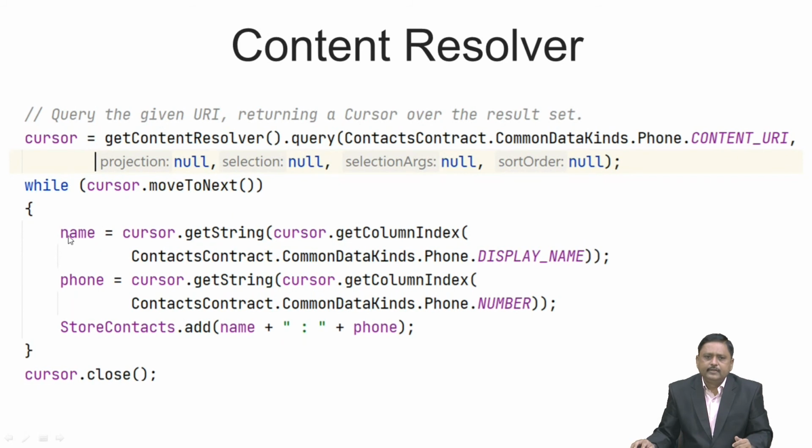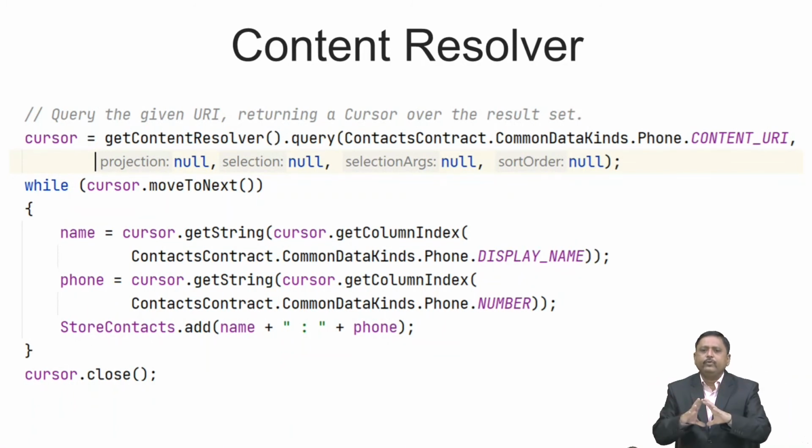Here inside name, which is of string type, I want to get a string. Now remember, in case of database, we specify the index of the field. So here I write getColumnIndex, but that table is created by us, so we know the index.